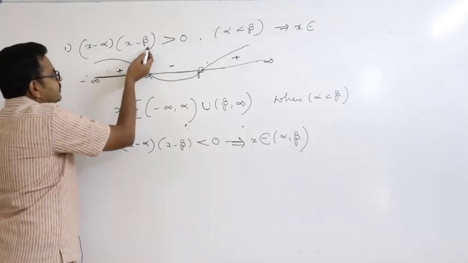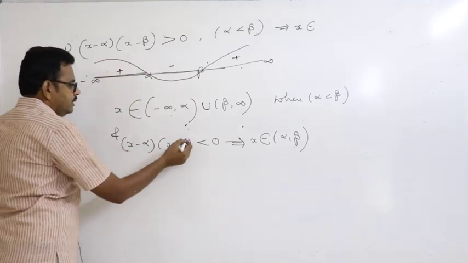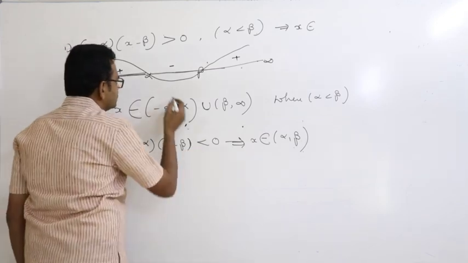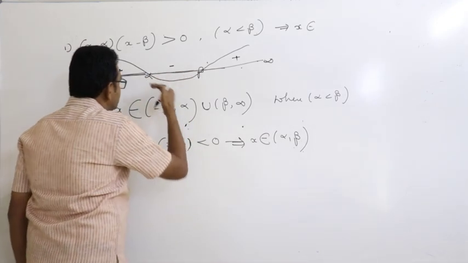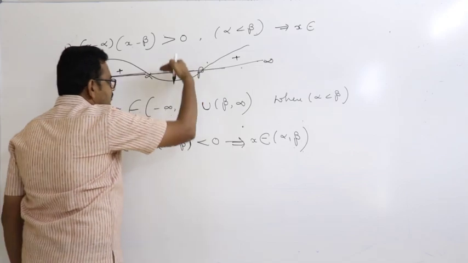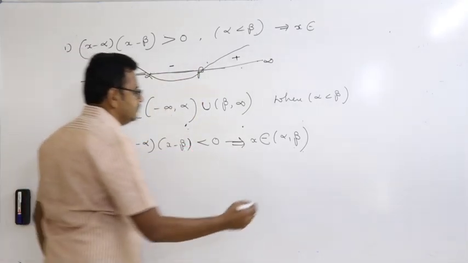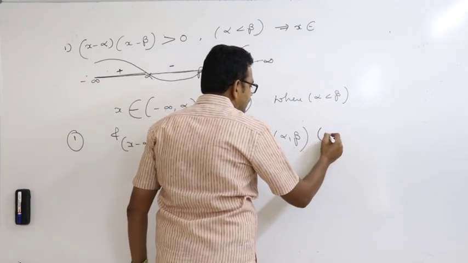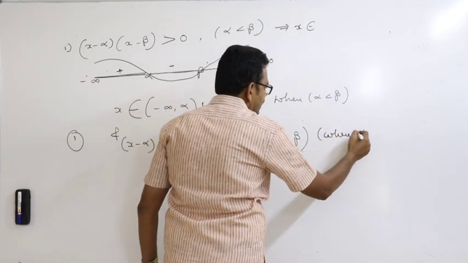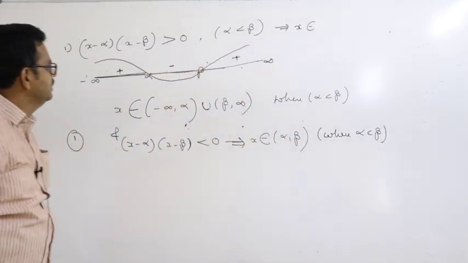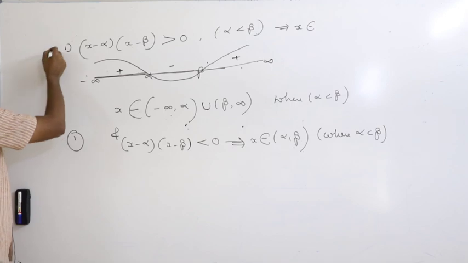And where it is negative, x minus alpha into x minus beta is less than 0 implies x belongs to this interval. Above, that is positive, and below the expression is negative. The condition is important, where alpha is less than beta. Just note this point.